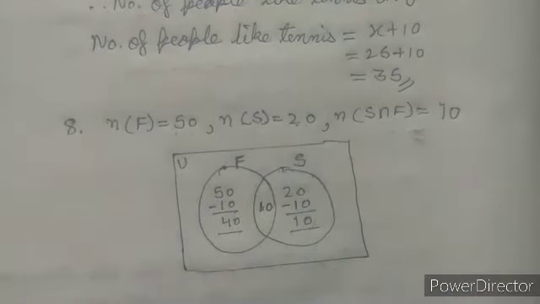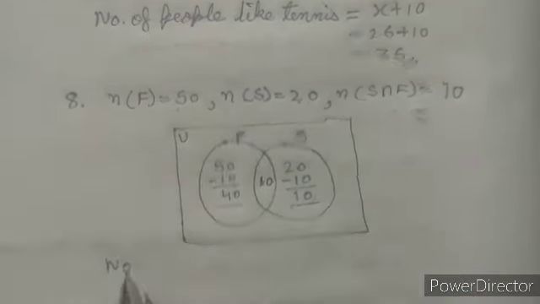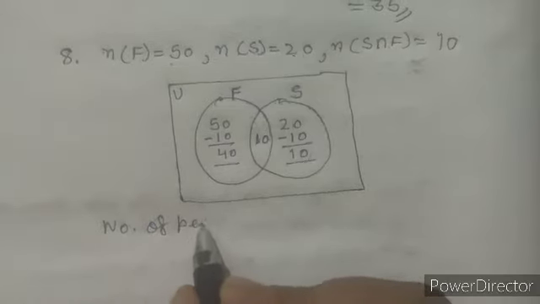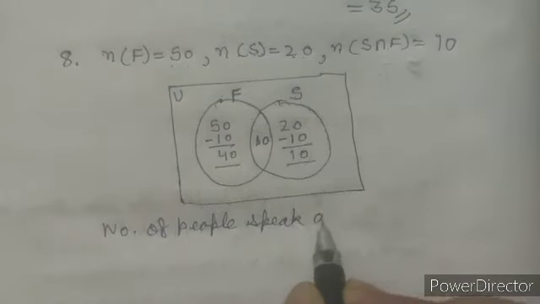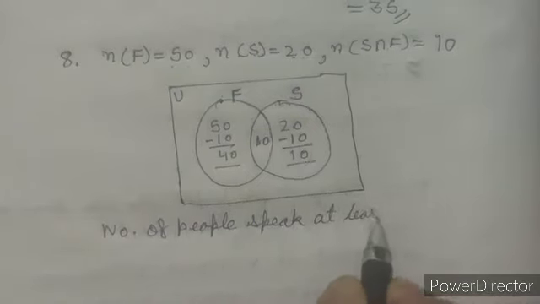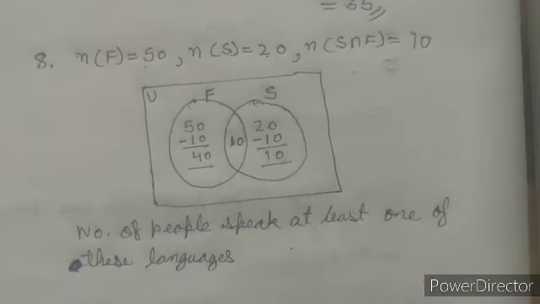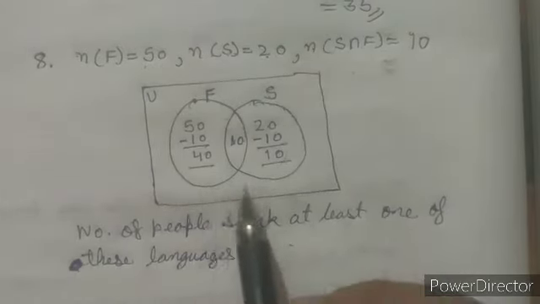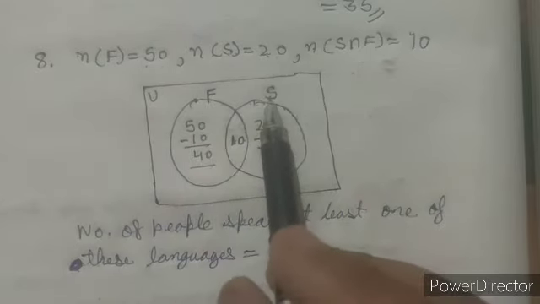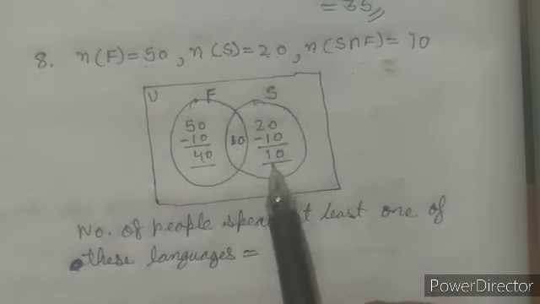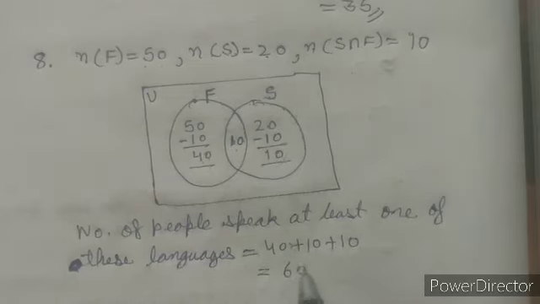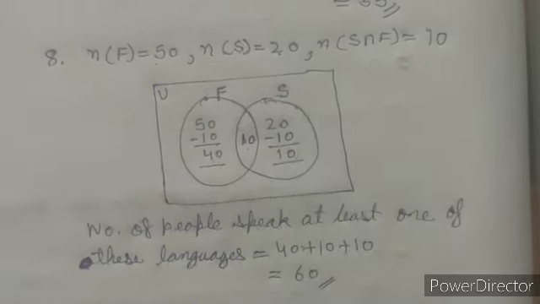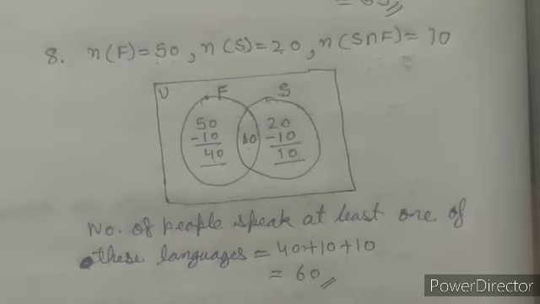Now we have to find out the number of people who speak at least one of these languages, which will be equal to the sum of the people who speak French only, both, and Spanish only. That will be 40 plus 10 plus 10, which will give us 60. So 60 people speak at least one of these two languages.